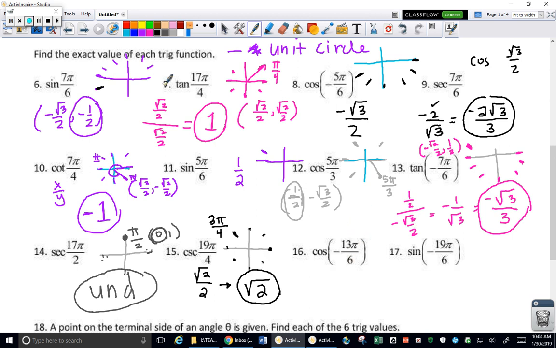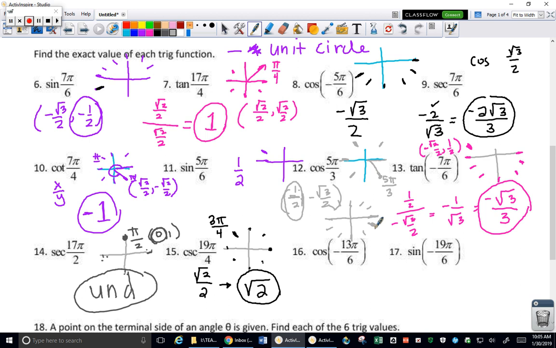Negative 13 pi over 6's. So once again, we're going to count a bunch of 30 degrees in the negative direction. So negative 1, 2, 3, 4, 5, 6, 7, 8, 9, 10, 11, 12. 12 gets us all the way back around.